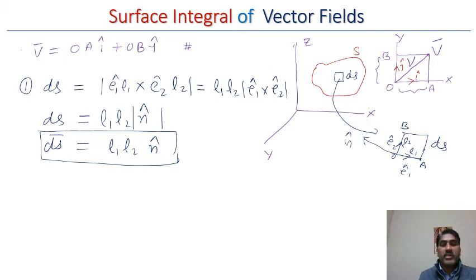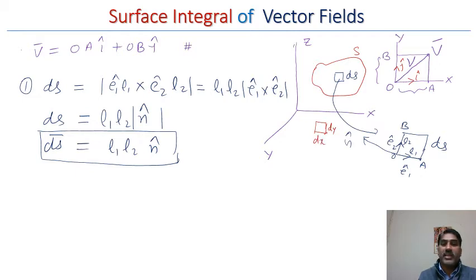Now we will learn how to represent this vector as a combination of projection vectors. So again, suppose you are taking images of this surface ds on the xy plane. On the xy plane, suppose this is the image and it has dimensions dy and dx.